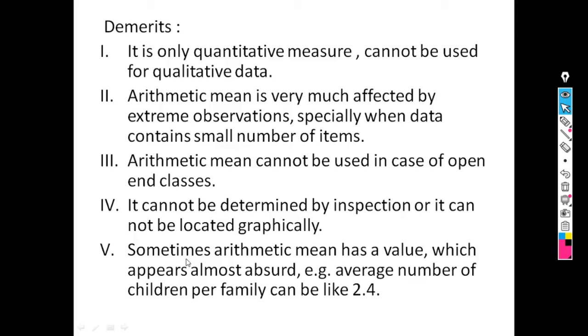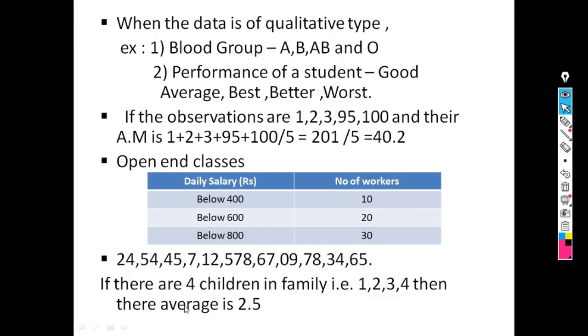Next drawback is sometimes arithmetic mean has a value which appears almost absurd. Example, average number of children per family can be like 2.4. Suppose if there are 4 families with 1, 2, 3 and 4 children and we have to calculate the average number of children. So the average is addition of these, that is 1 plus 2 plus 3 plus 4 divided by 4.